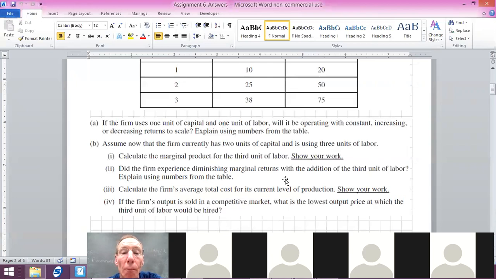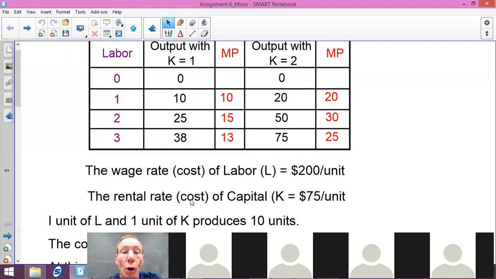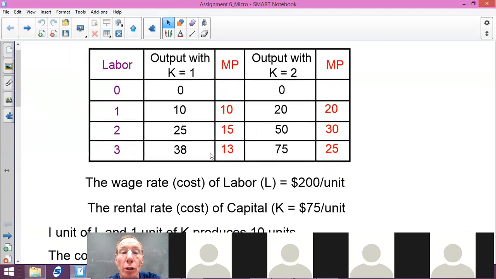Okay, well, if we put in our marginal products, like I did, you can see that when we're going from 2 to 3 units of labor, whether we use 1 unit of capital or 2, our marginal change is smaller. We still have more, but less than we had going from 1 to 2. Going from 1 to 2, we gained 15 over here and 30 over here.